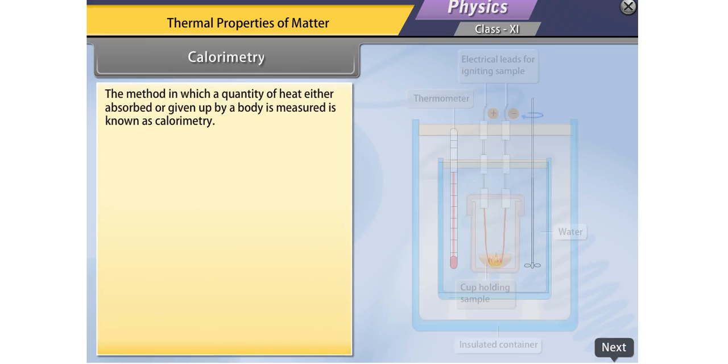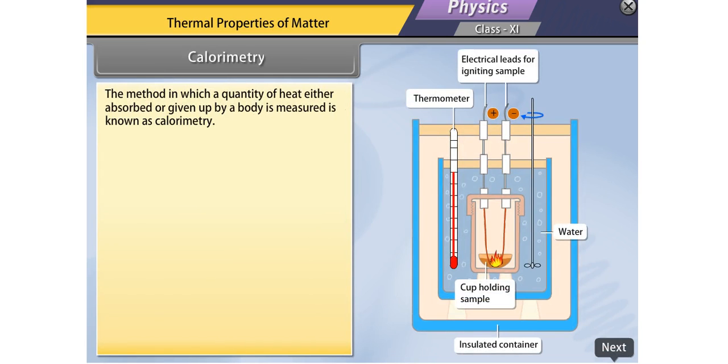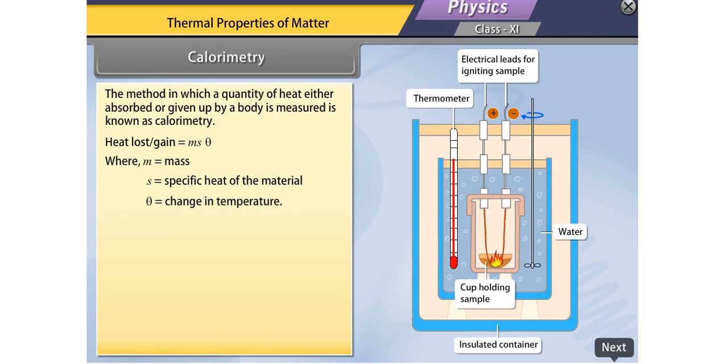Calorimetry. The method in which the quantity of heat either absorbed or given up by a body is measured is known as calorimetry. Heat loss or gain is equal to m s theta, where m is mass, s is the specific heat of the material, and theta is the change in temperature.